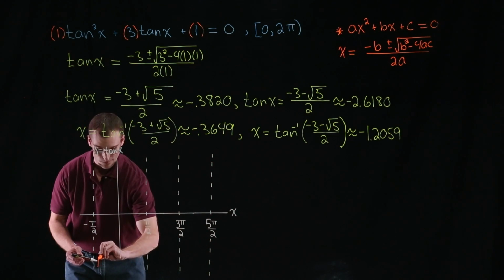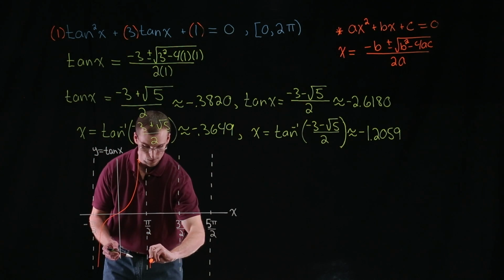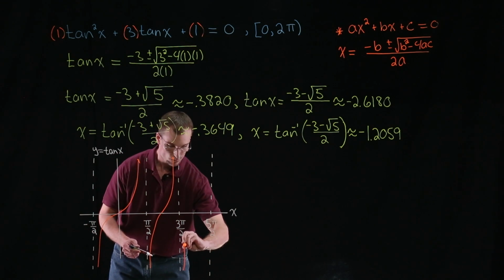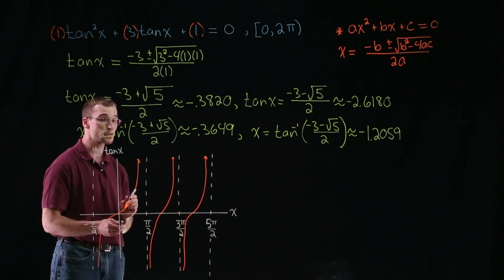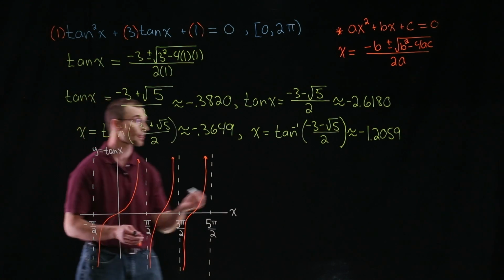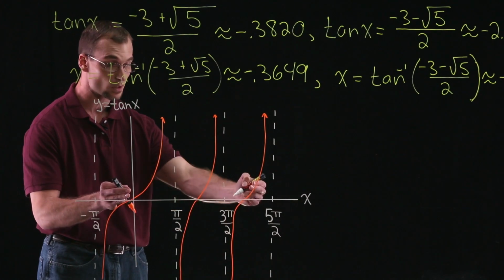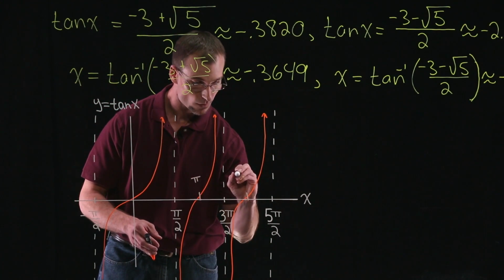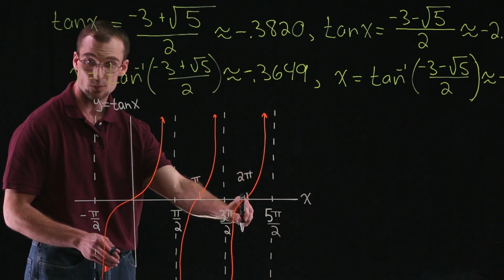We'll draw in our tangent graph. Okay, so once again, what do we have? We have the solutions x equals negative 0.3649 and negative 1.2059. And we want solutions which are within the interval from 0 to 2 pi. So namely, x values between 0 and 2 pi here.